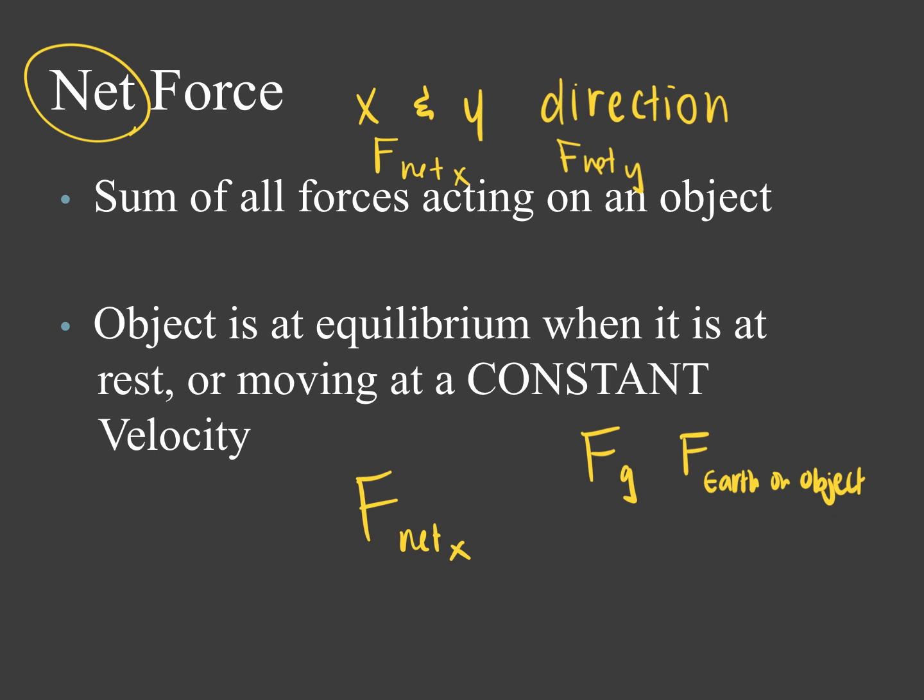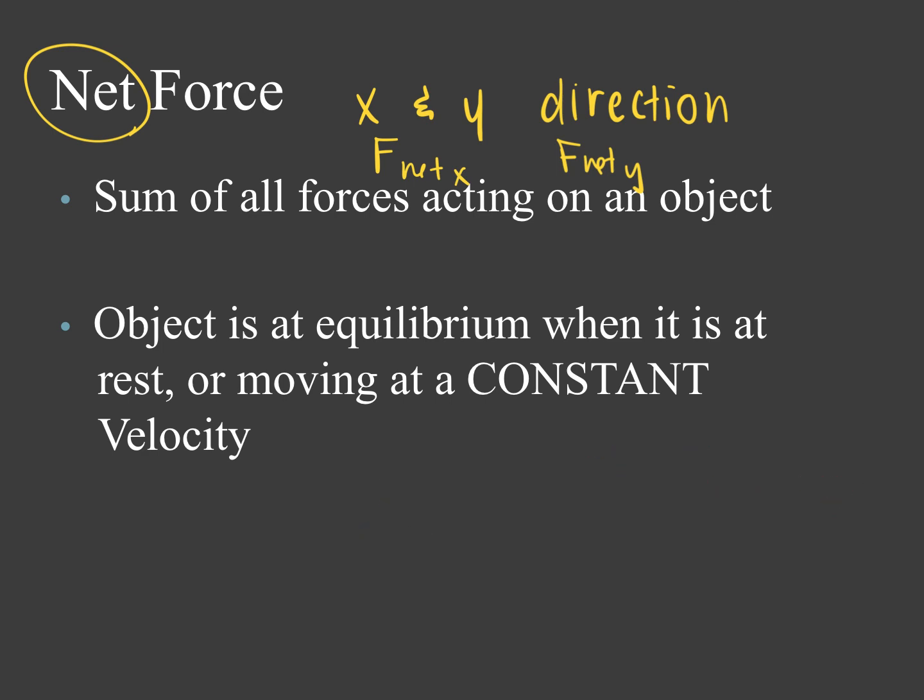I don't need that much happening in all my problems. So yes, gravity is the force of the Earth on our object. We agree with that. That's what gravity is, the gravitational force between the Earth and the object. But I don't need to write that out. I know what gravity is. Some of them go way too detailed into their labeling, but we're going to try to keep things simple. Okay, and we'll still understand what that means.